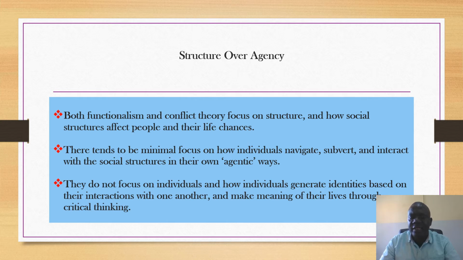That is, they tend to minimize their focus on individuals. For instance, rarely do they look at how individuals survive and interact within the context of these social structures. In other words, their focus more is on the structures and how these structures affect the individual. They don't look at the individual as a member of the structures.